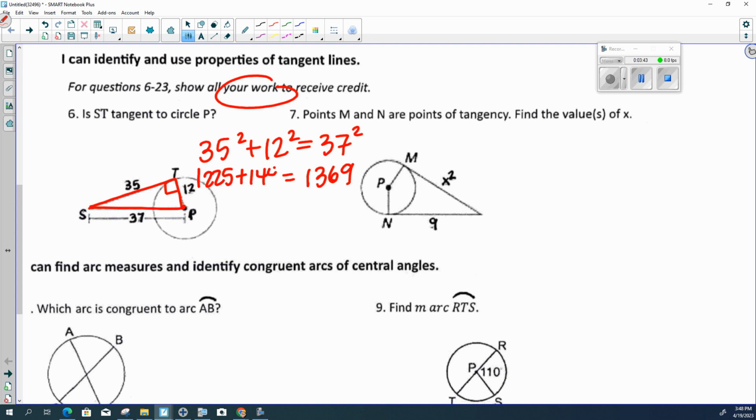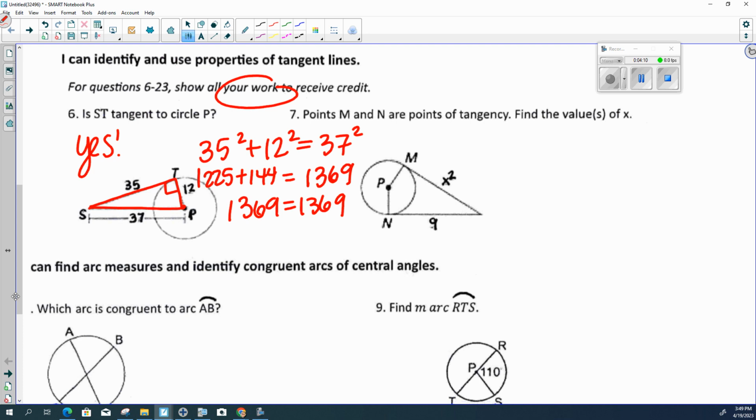This is 144. So we do have to add those together. So yeah, this is a right triangle, which means yes, ST would be tangent. And again, that's from the very first theorem we talked about, tangent line to a circle. A line is tangent to a circle if and only if the line is perpendicular to the radius. So we were double checking that.